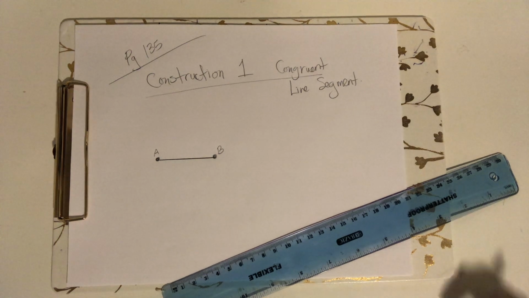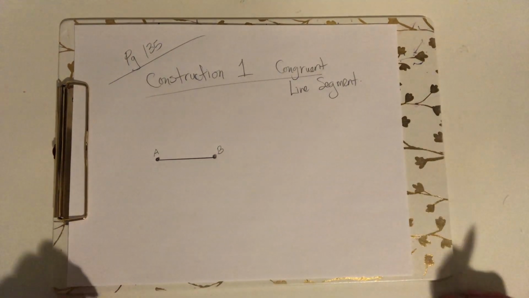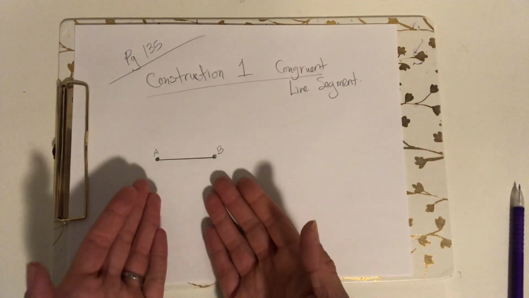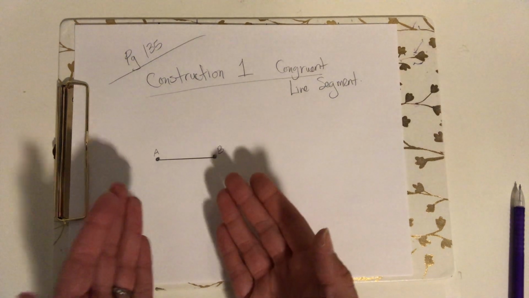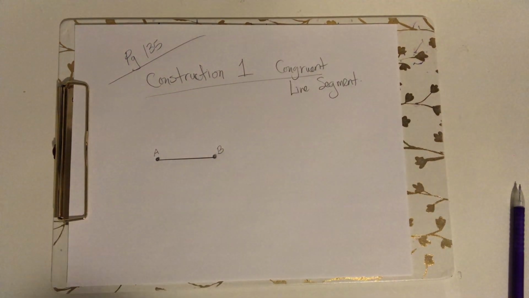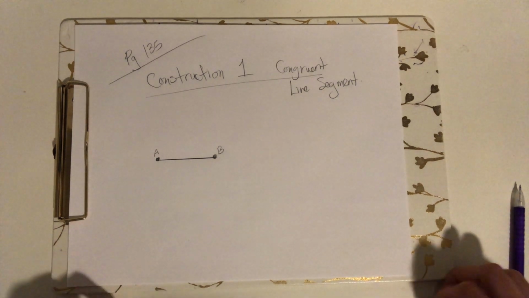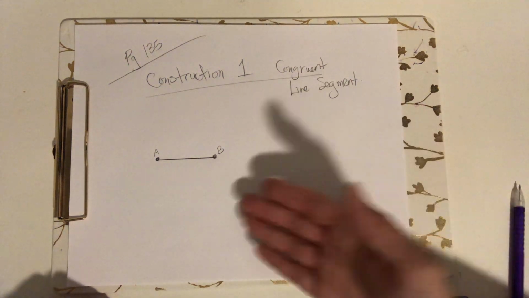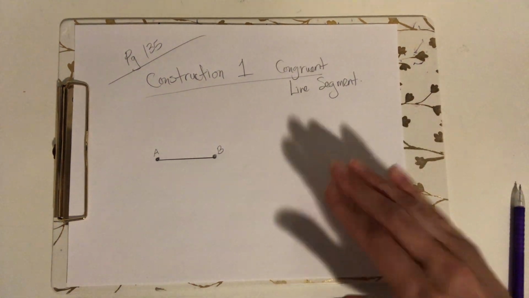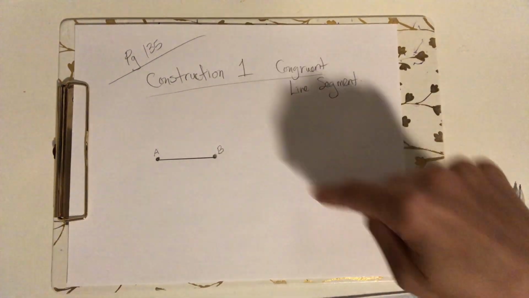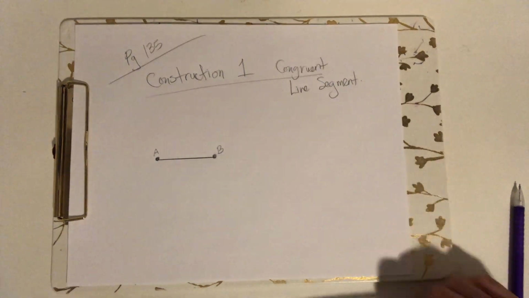So the purpose of this construction is to go through a series of steps to make another line segment that's exactly the same length and therefore congruent to this given line segment AB. Okay, so the remaining things that I'm going to do on this page are going to be to make the congruent counterpart.